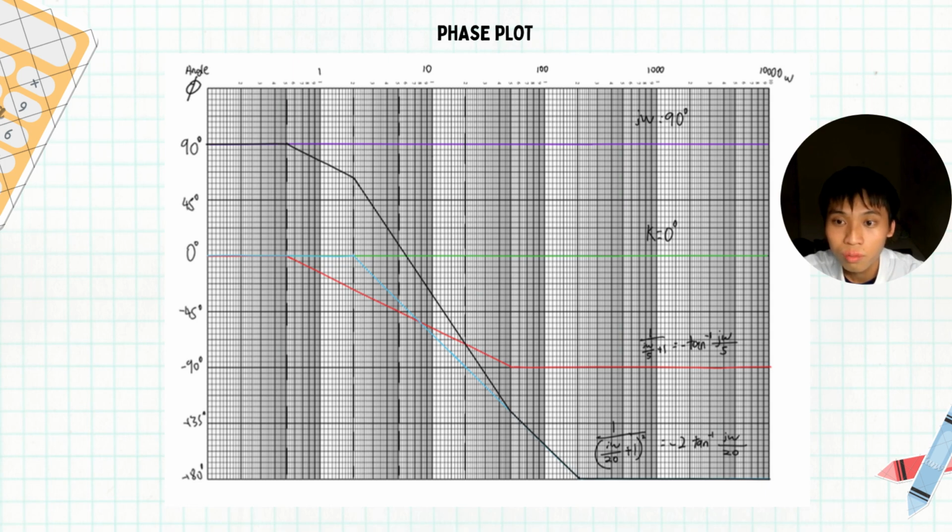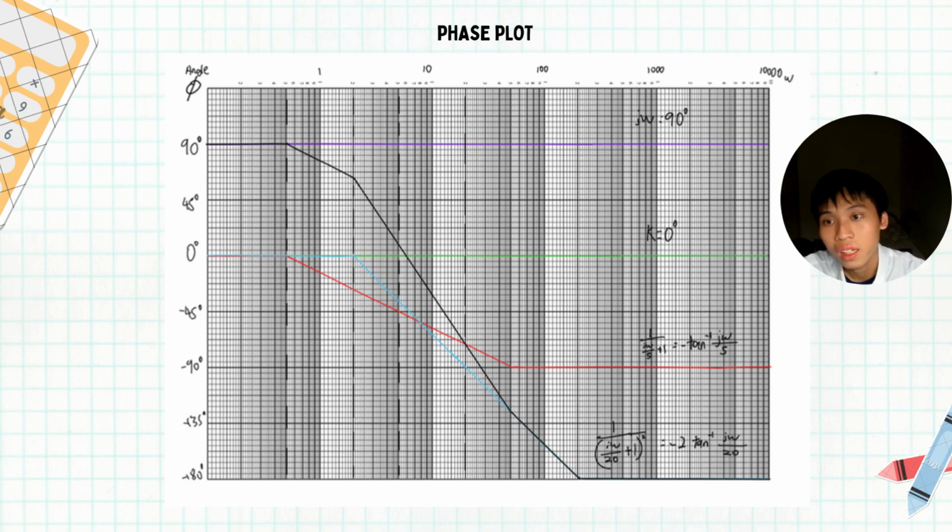The blue line is the double pole at omega equals 20. Because it's squared, it creates a total phase lag of negative 180 degrees, passing exactly through negative 90 degrees at omega equals 20.